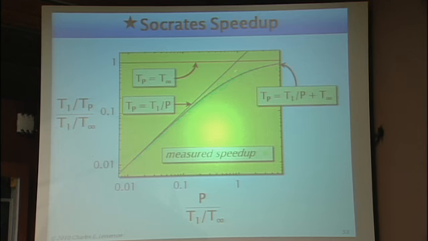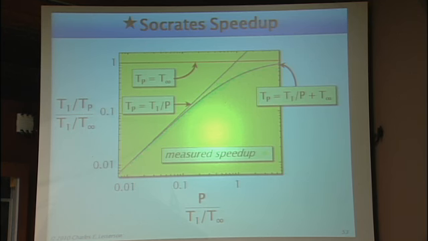As we approach a slackness of 1, you can see that it starts to go away from the linear speedup curve. So for this program, if we were running with a slackness of 10, 10 times more parallelism than processors, we're getting almost perfect linear speedup in the number of processors we're running on, across a wide range of numbers of processors and a wide range of benchmarks for this chess program.